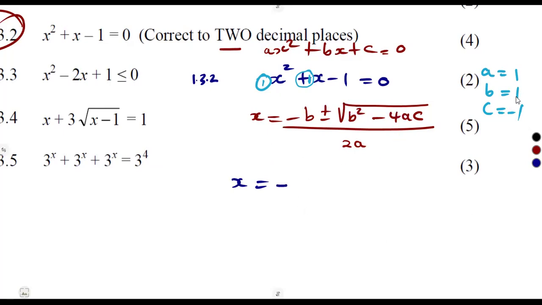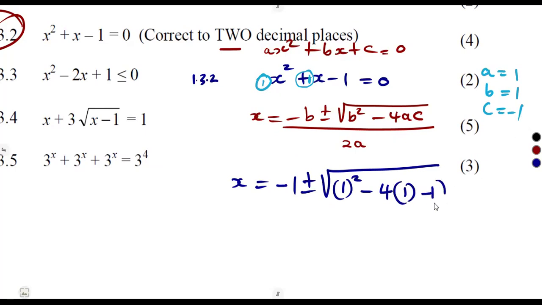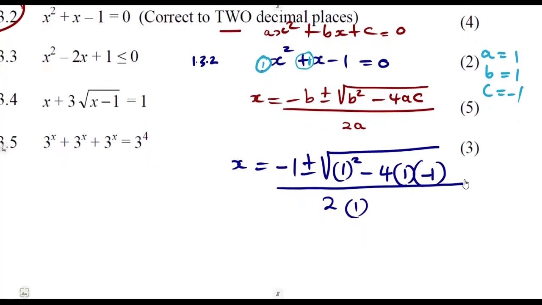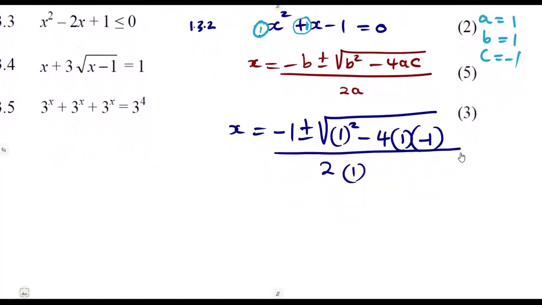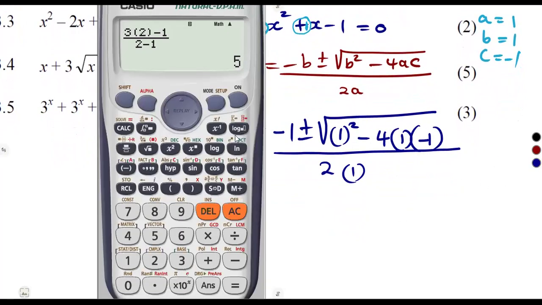Minus b, that's minus 1, plus or minus the square root of b squared, which is 1 squared, minus 4 times a. Our a is 1, and our c is negative 1. Everything over 2a. So that's 2 times a, which is 1. Just like that. So this is what you're going to have. Use your calculator. Like I said, guys, just try to simplify this part under the square root.